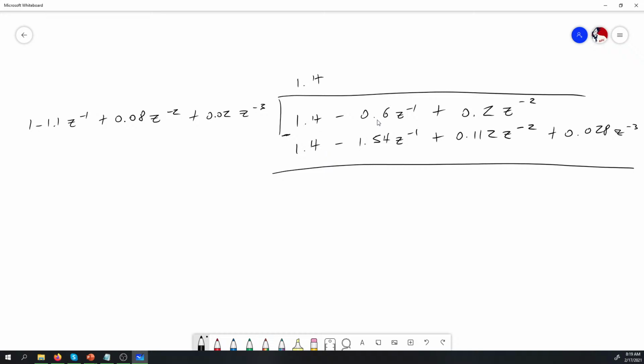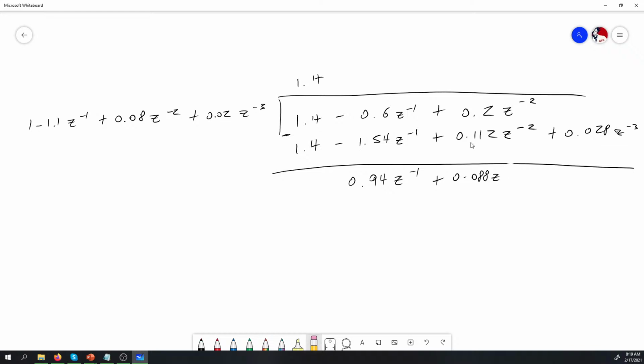Then we have negative 0.6 minus negative 1.54, so that's negative 0.6 plus 1.54, which gives us a result of 0.94 z to the minus 1. For our z to the negative 2 terms, this is going to be 0.2 minus 0.112, which gives us a result of plus 0.088 z to the minus 2.